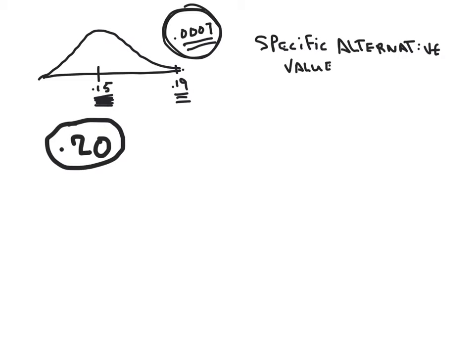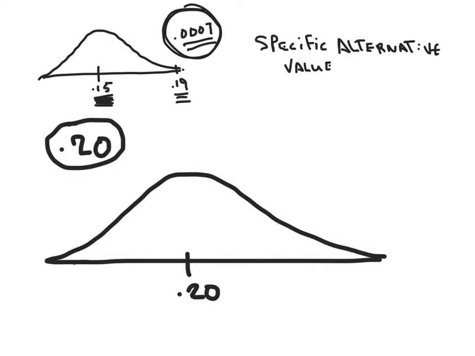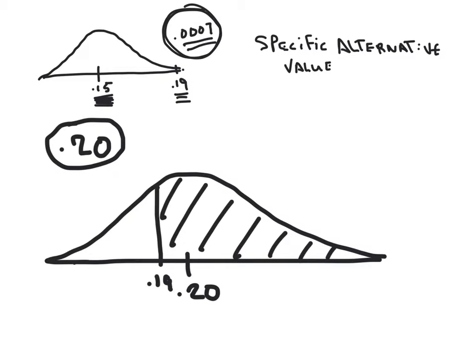So that's what this is saying for this power. Same standard deviation, but how sensitive is this test to pick this up? So we would be at 0.19, right? It's fairly likely that we would end up with 19% as our sample proportion if 20% of the population was too short.